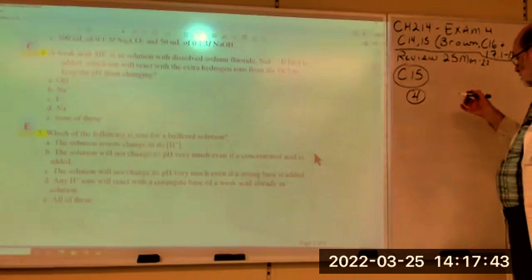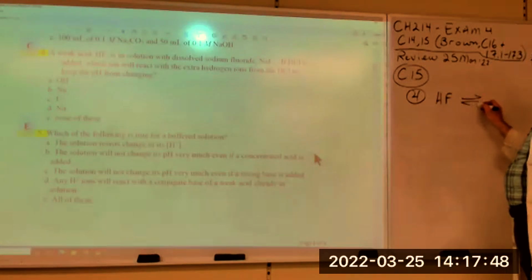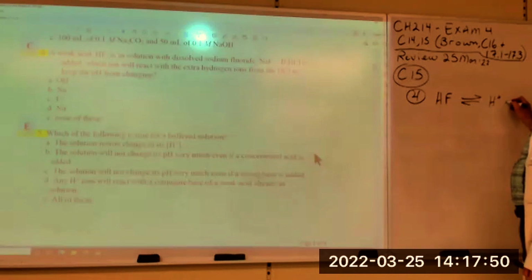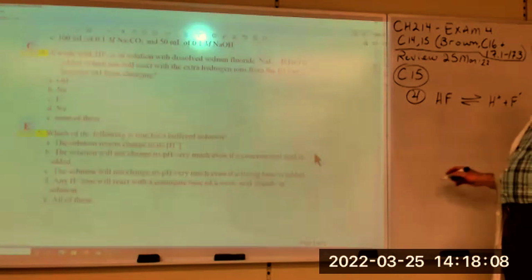Okay, so we're actually looking at an equilibrium where HF produces its conjugate base. And if you add hydrogen ions to this expression, where do they fit in? They fit in right here. So we add extra hydrogen ions, they react with the F- fluoride ion. That's why the answer is C.